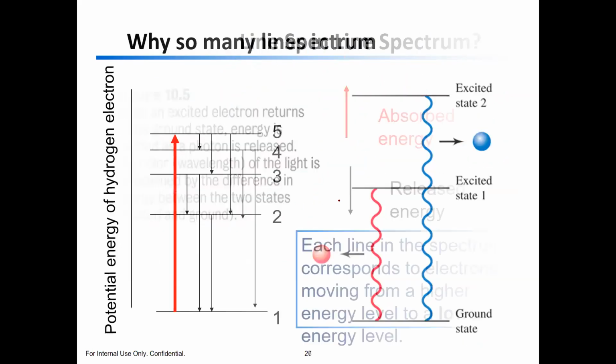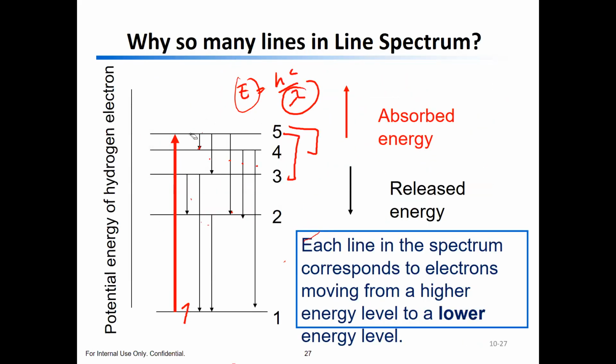Because when an electron gets excited, it's going to jump up to here, but when it relaxes, when it comes back down, it could come back down in different patterns. Level 5 to 4, level 5 to 3, 5 to 1, 4 to 3, 4 to 1. Every time the electron comes down, it's going to release a different wavelength of light.